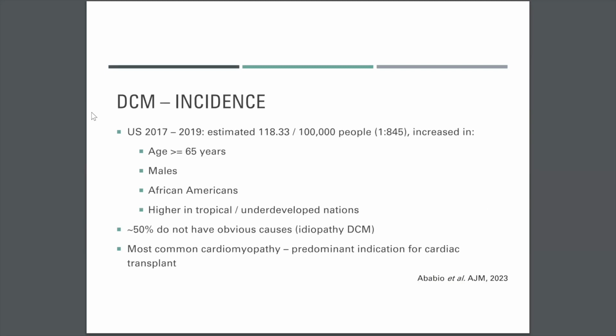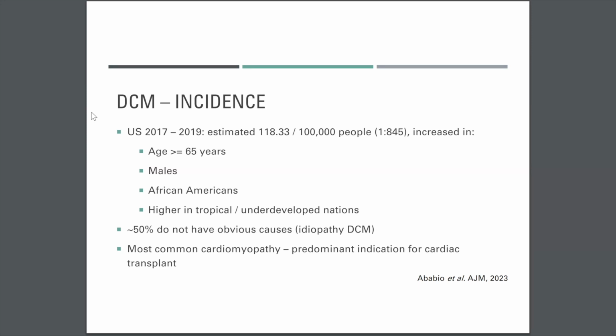In terms of the incidence of dilated cardiomyopathy, when I was reviewing the literature, it's more common than I had previously anticipated. In the US, between 2017 and 2019, the estimated prevalence is about 1 in 845 patients. Certain subgroups have increased risk: elderly patients, males, and African Americans.